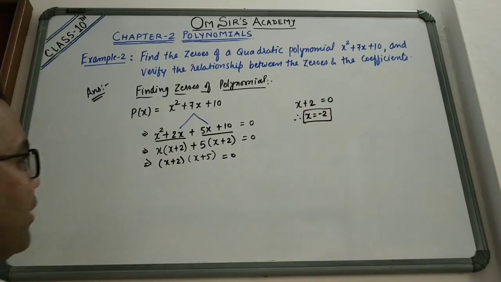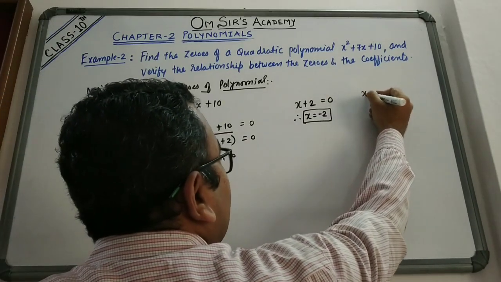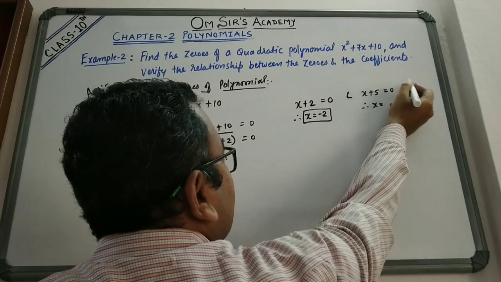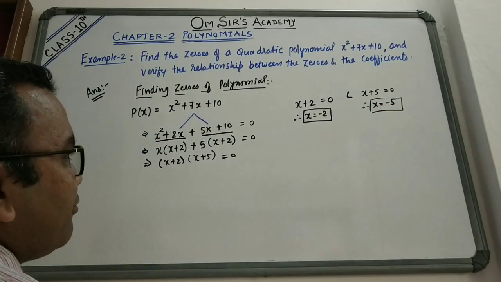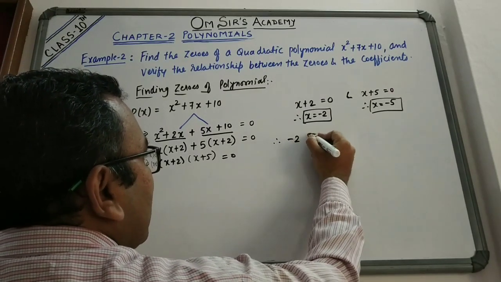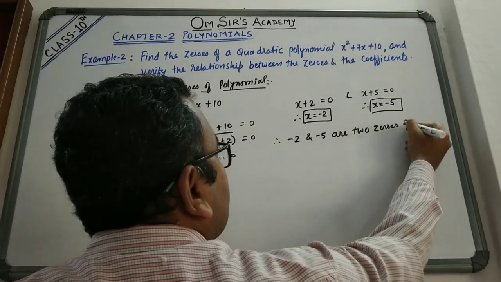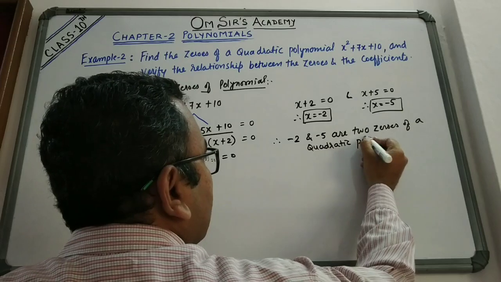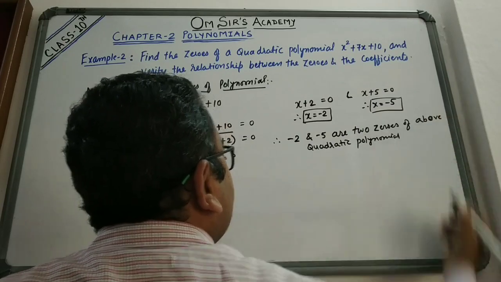So I got the value of x from the first factor, and from the second factor, x plus 5 equals 0, then x will be minus 5, as the plus 5 goes to the other side and becomes minus 5. So my other value of x is minus 5. Is it clear? Therefore minus 2 and minus 5 are the two zeros of the above quadratic polynomial.